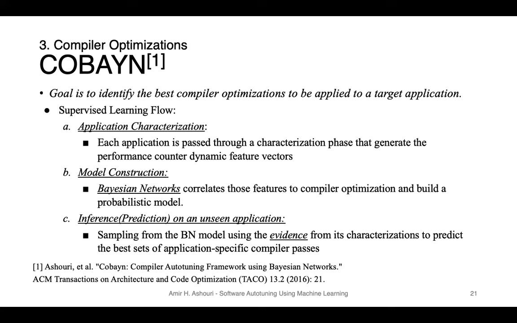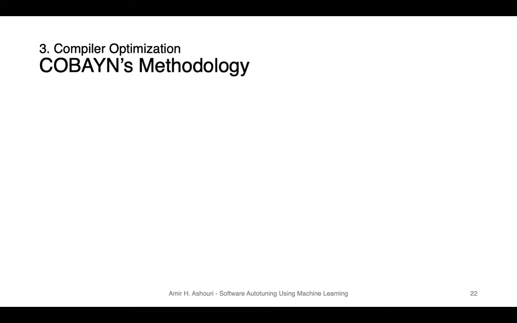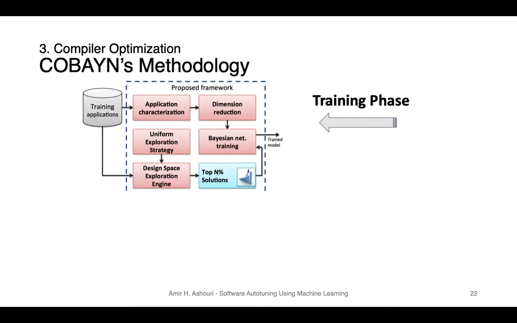And this will bring a speedup for that application. So at a high level, in the training phase, we pass through characterization, dimension reduction, and model construction at the same time.